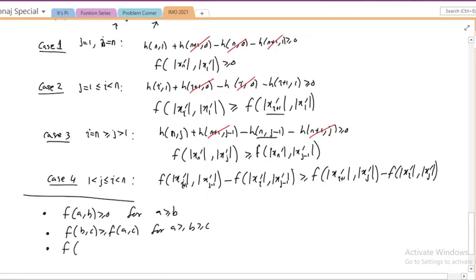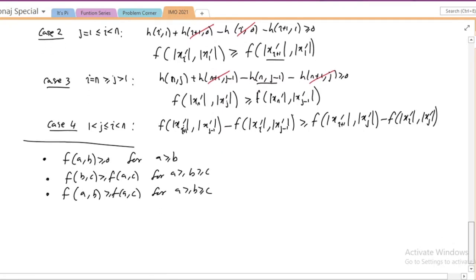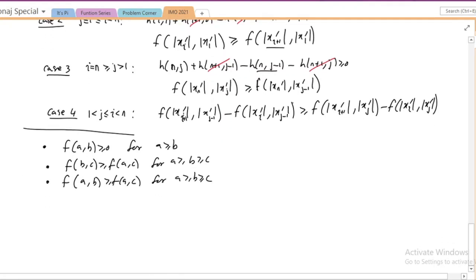The third one would be a, b and a, c, so the same range. And the fourth one, we can also order the 4 terms. So this one is the biggest, then followed by this, and then this, and then finally this one.